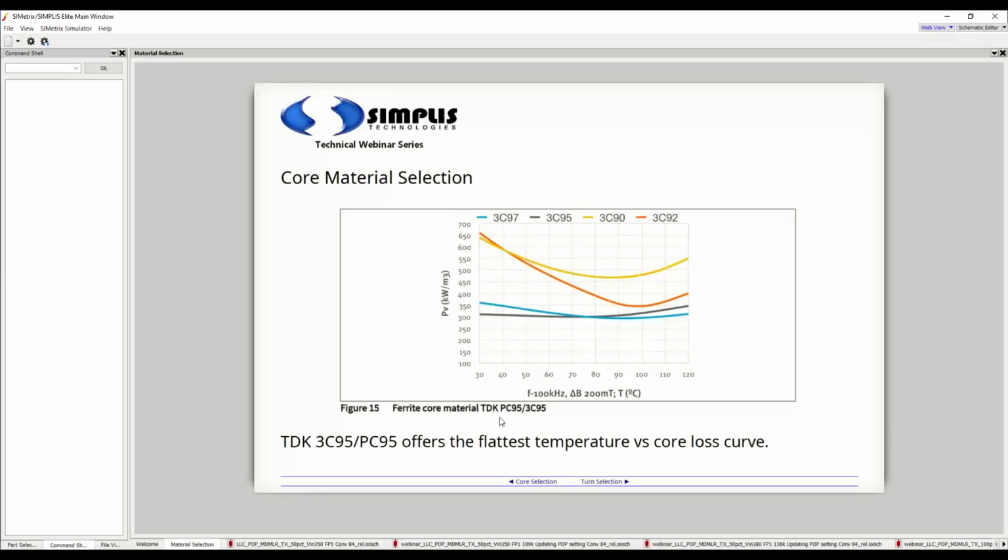TDK PC95, which is similar to 3C95, which is plotted here, actually has one of the flattest characteristics between loss and temperature, and that's why it was selected for this application, because it makes our core loss across the load range quite predictable. And here we need to meet that spec across an entire load range.